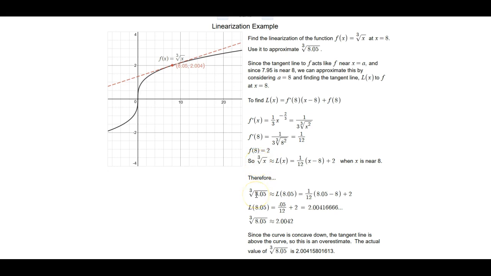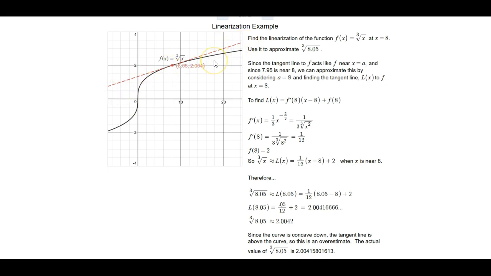So if I want to find the cube root of 8.05, I can use this line. When I evaluate that linear function at 8.05 and simplify, this is what I get. So this is my approximation. Notice that the graph is concave down here, so the tangent line is above the graph.